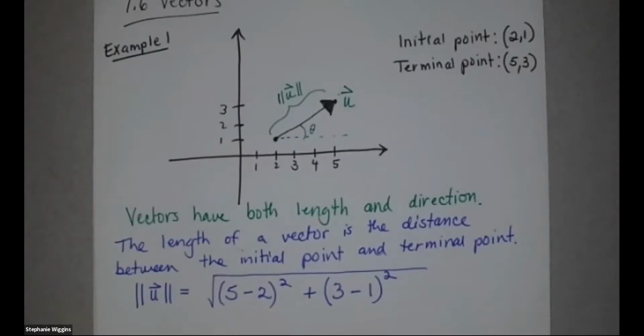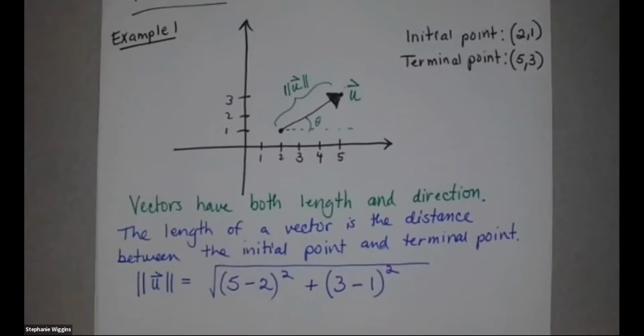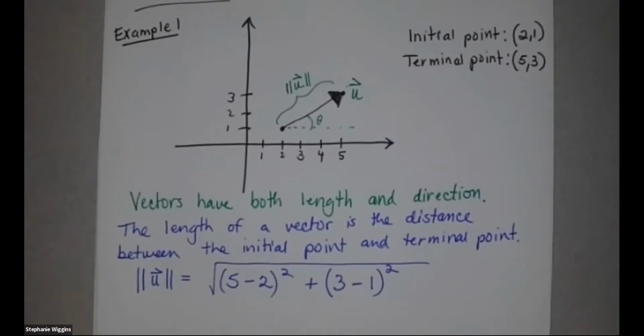And it's okay if you get the wrong order because you're squaring it, and if you happen to have a negative number, a negative squared is still positive. Unlike when you're calculating the slope, where you have to be very careful to have them in the correct order, because in the distance formula you're squaring it, you don't have to worry about it so much, as long as you take the difference of the x values and the difference of the y values.